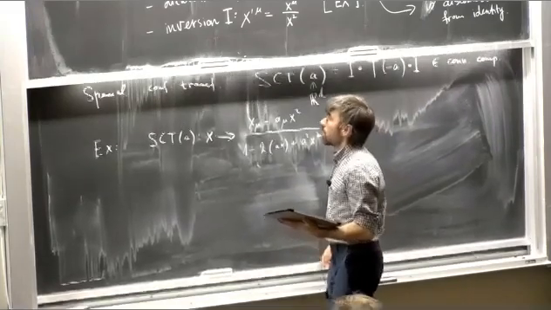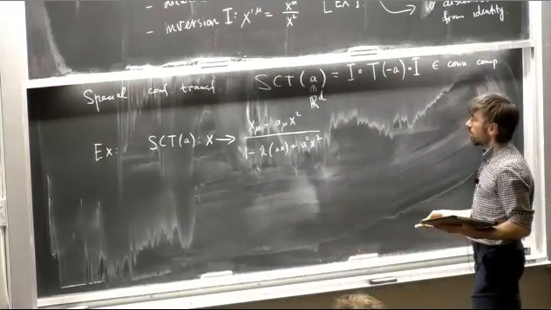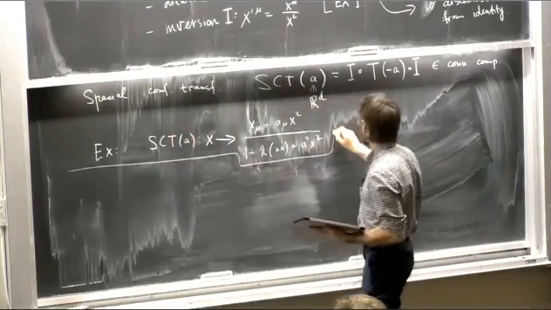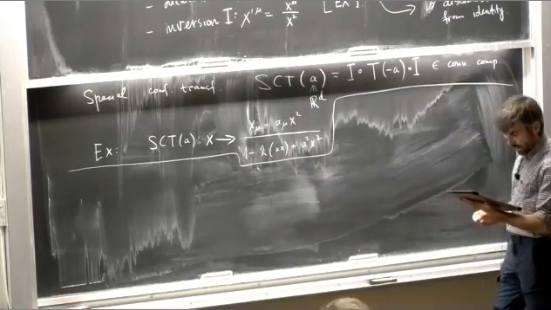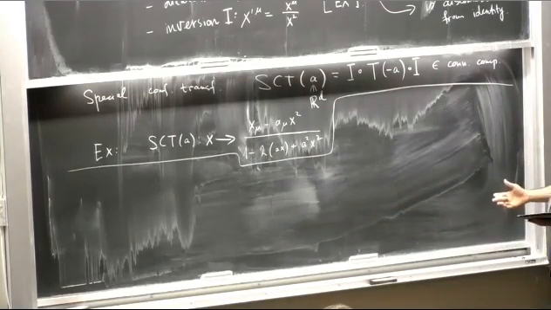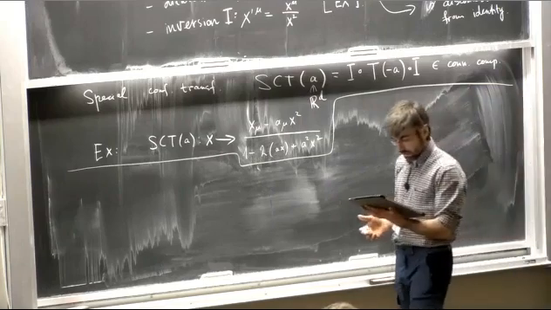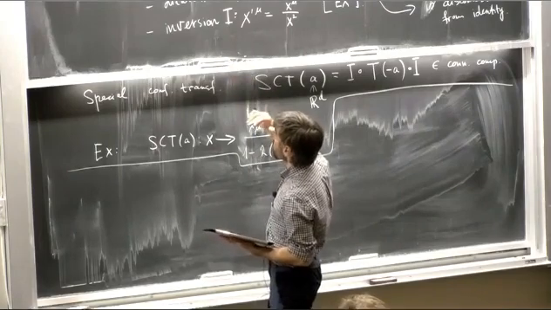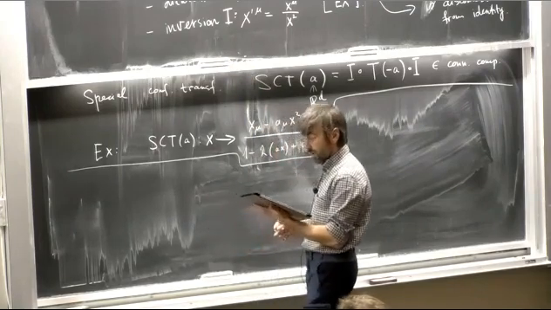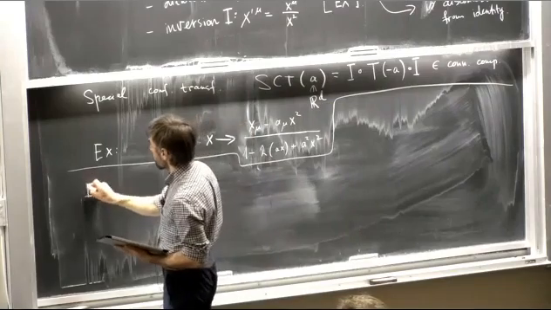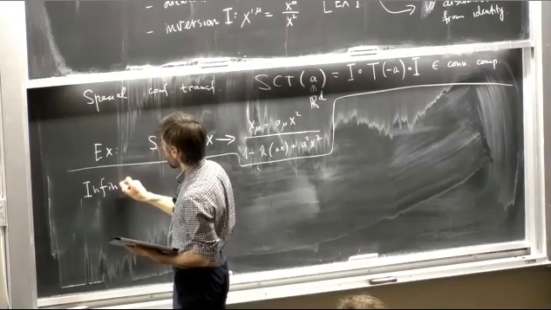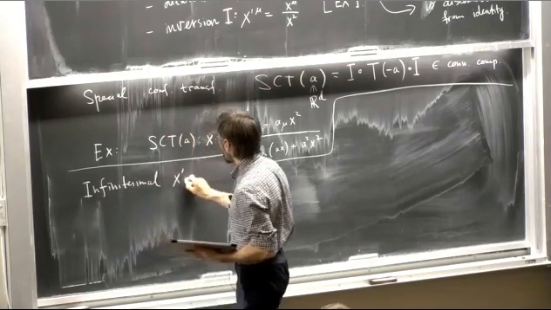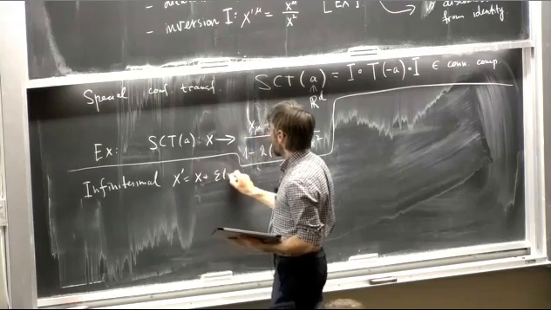So, okay, now this is the group. The next natural question when you have a group is to discuss the Lie algebra. And, well, it's very easy. We consider infinitesimal conformal transformations, so x prime equals x plus epsilon of x.